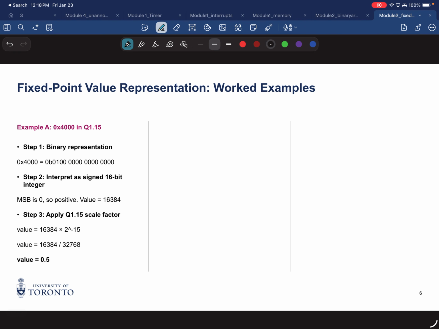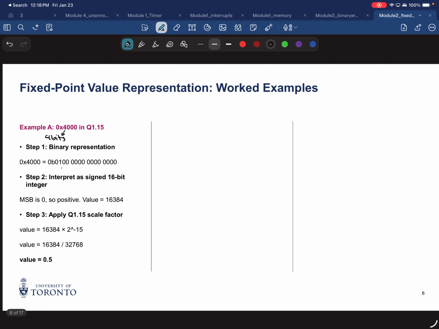So for example, let's go through this example one more time. We have 0x. Whenever we show 0x, that's a hex number, okay? That means that everything you see here translates to 4 bits. So if you have 0x4000, that means the binary, I'm not going to read all of these zeros, but that's what the binary looks like.